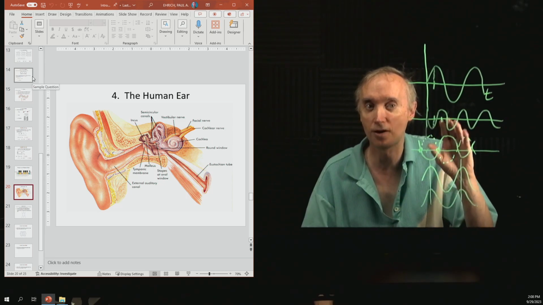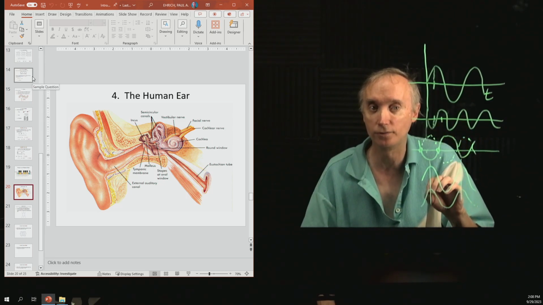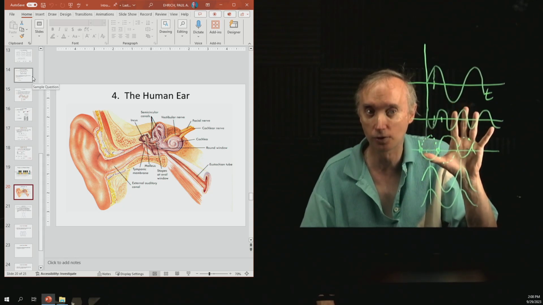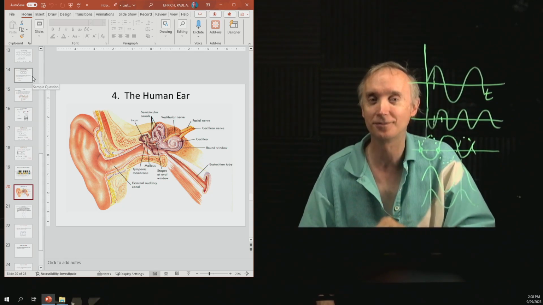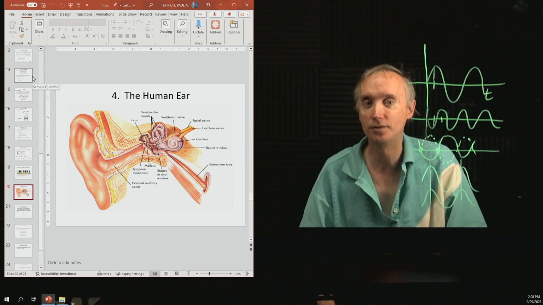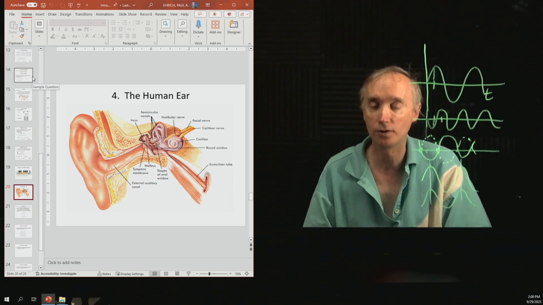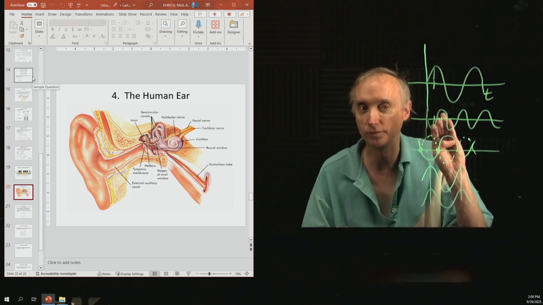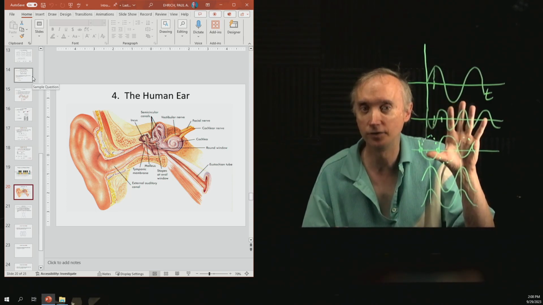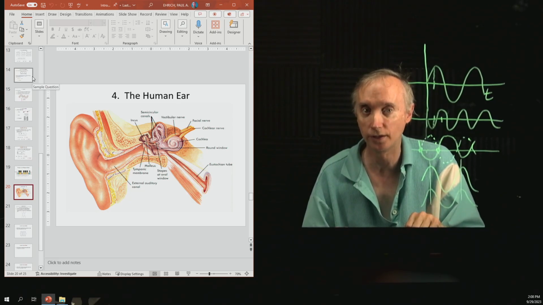There are actually 3 bones, and this is the fourth part of the ear. Their purpose is to amplify sound or to protect the ear if the sound is too great. Okay, number 5 is going to be the cochlea.